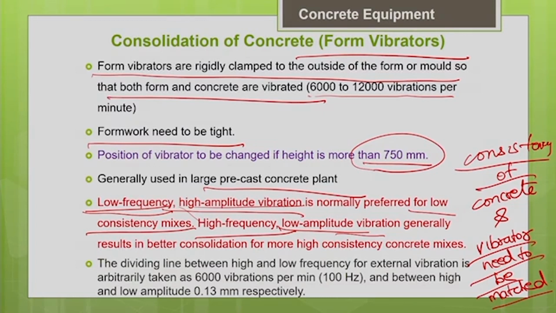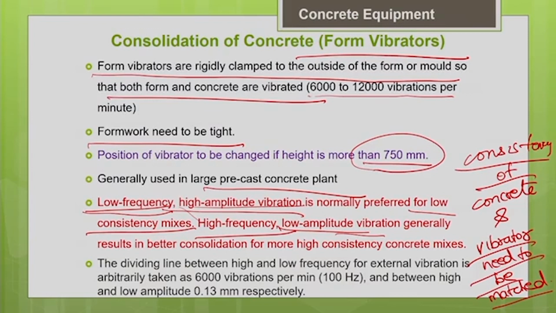This high and low frequency I have just discussed qualitatively. So, what is the dividing line in quantitative terms between high amplitude and low amplitude, and between high frequency and low frequency? Generally, a frequency more than 6000 vibrations per minute we call high frequency, and lesser than 6000 vibrations per minute we call low frequency.